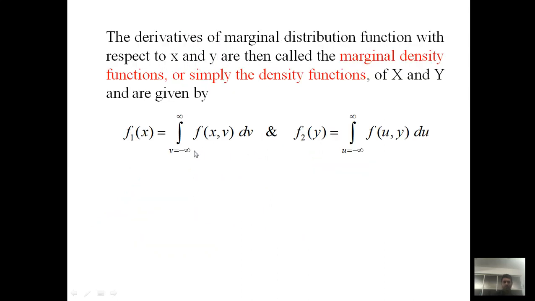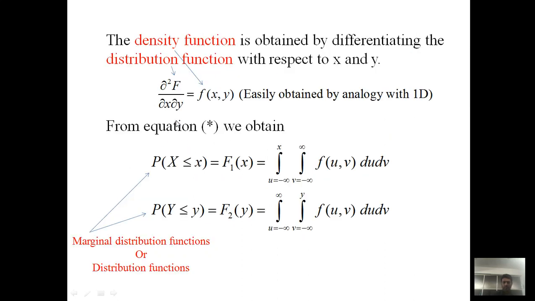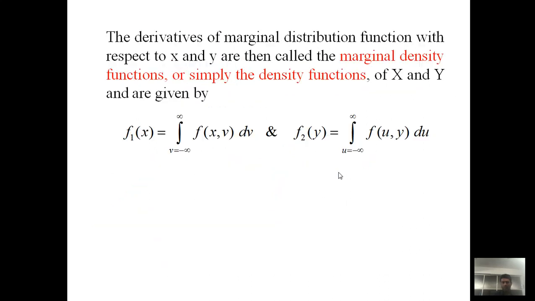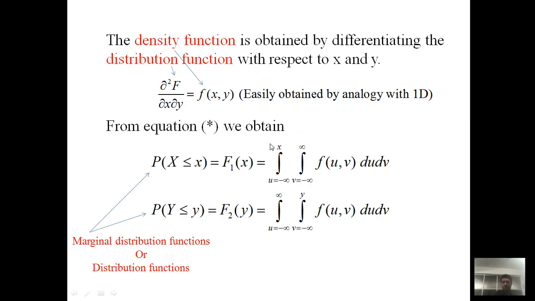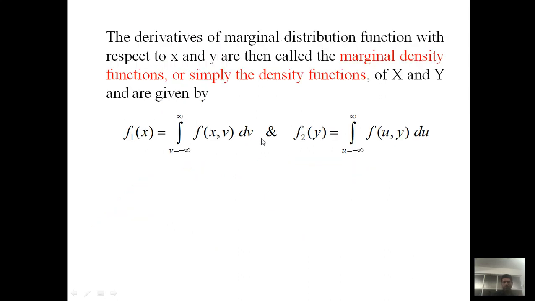So we get, for v from minus infinity to infinity, f of (u, v), but we have to find the derivative with respect to x, so f of (x, v), because when we integrate with respect to x, we substitute the upper limit, so u is replaced by x. Now we have already found the derivative, so this du also cancels out, so just simply dv.